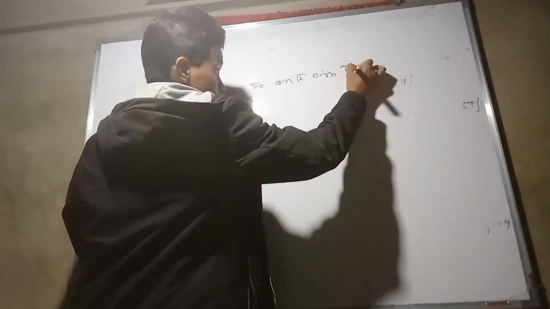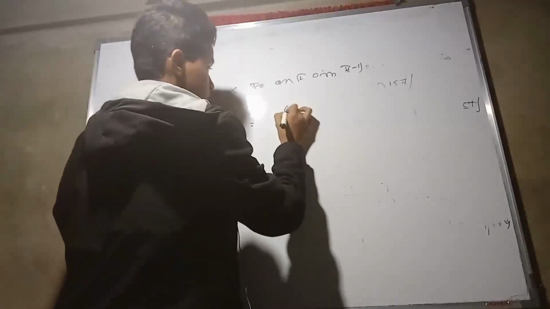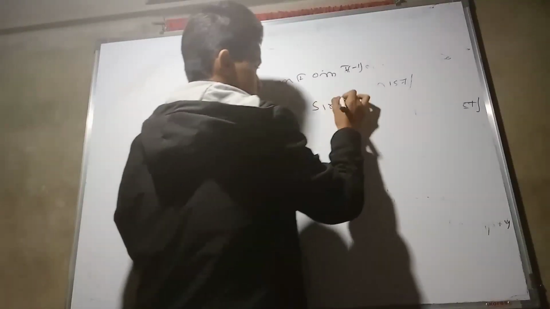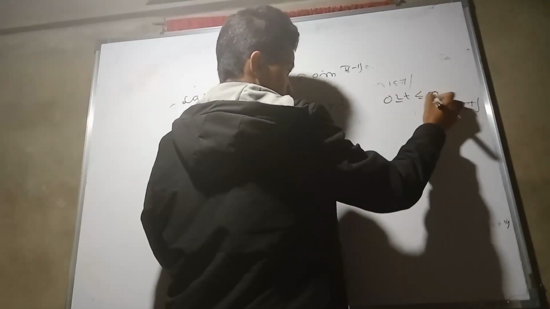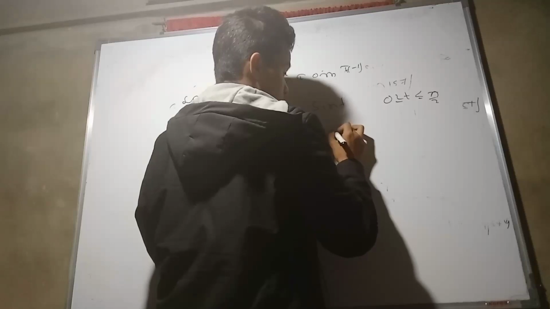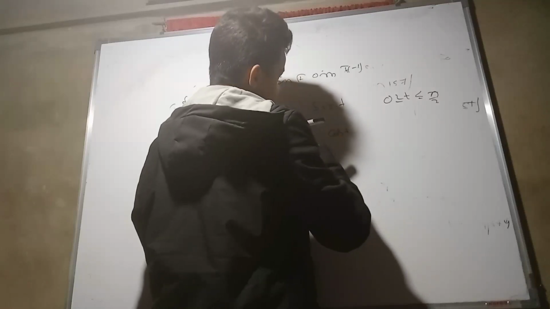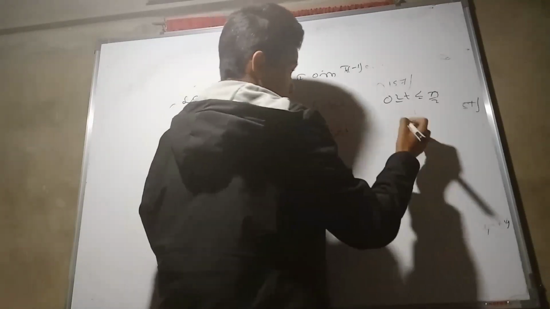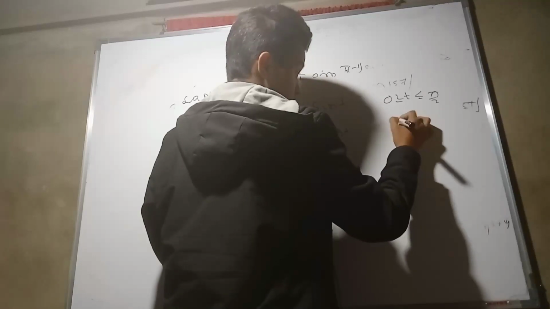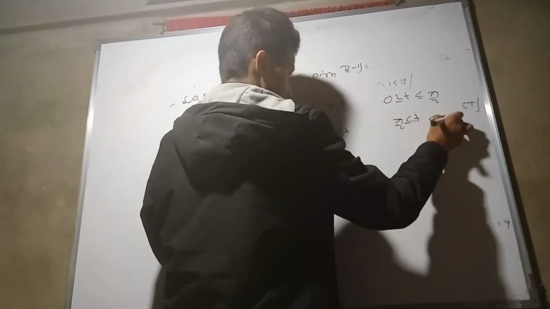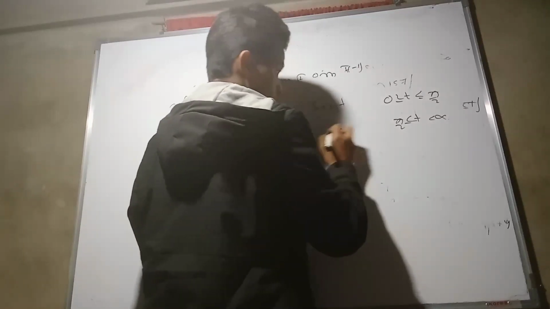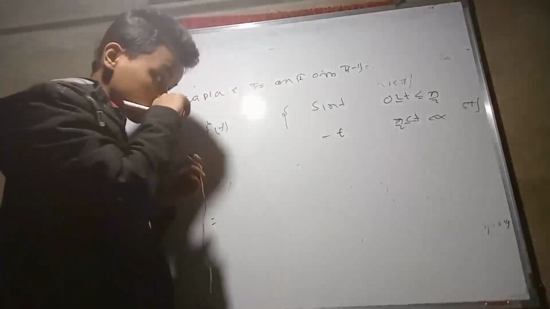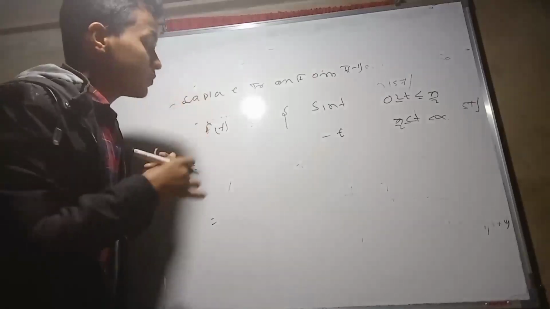Find the Laplace transform of f of t, where f of t is sin t for t from 0 to pi by 2, and cos t for t from pi by 2 to infinity. So we have to find the Laplace transform for this.